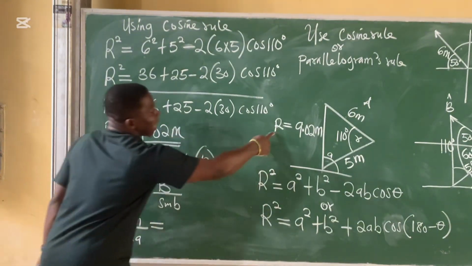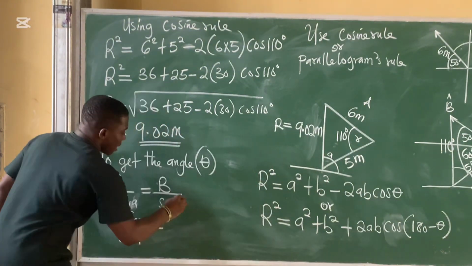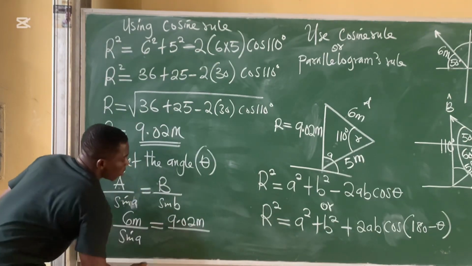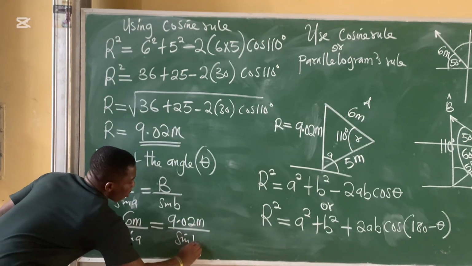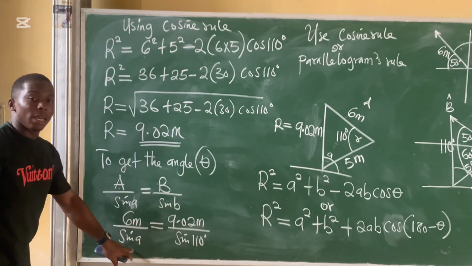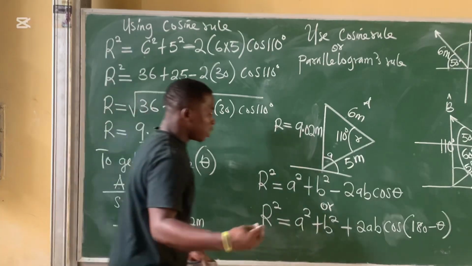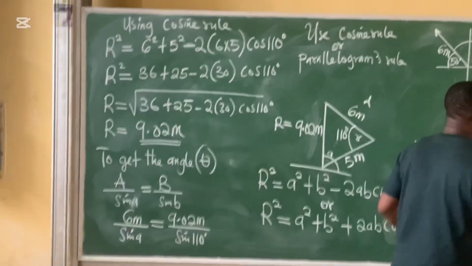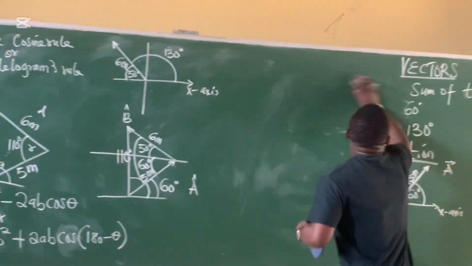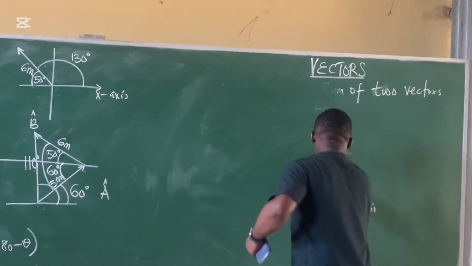My B is known as this R. This side is 9.02 meters all over sine of 110 degrees. So what I'm looking for is sine A. To get sine A, I'm going to wipe this off.